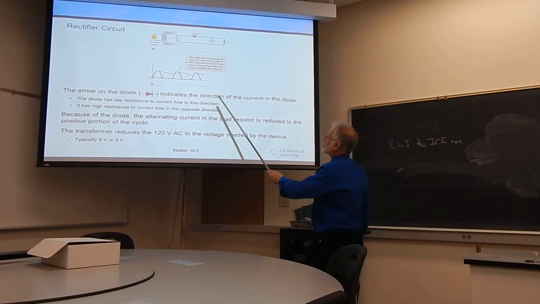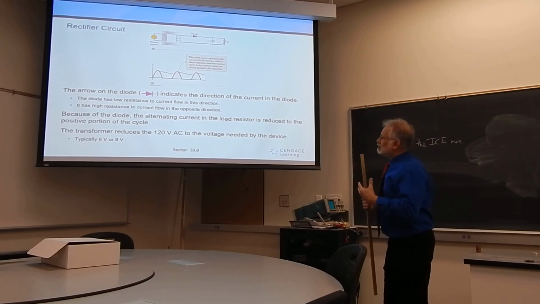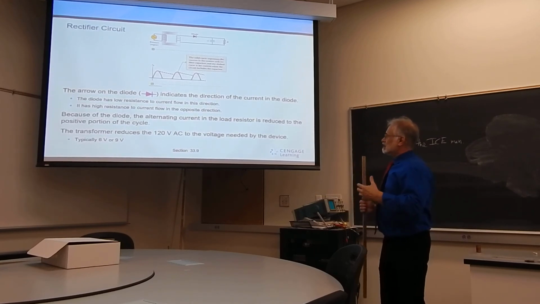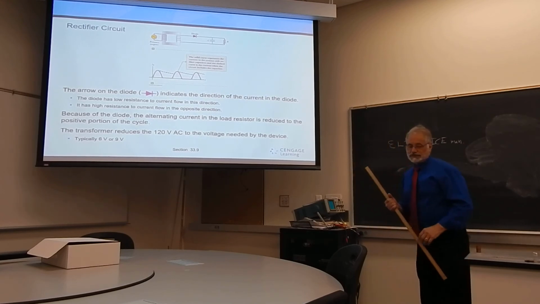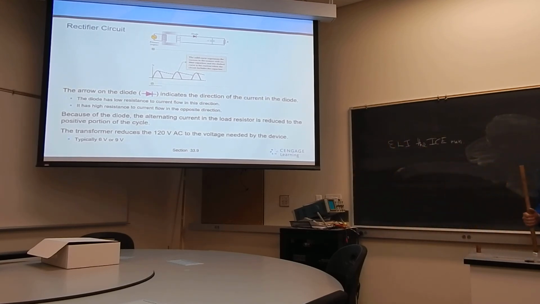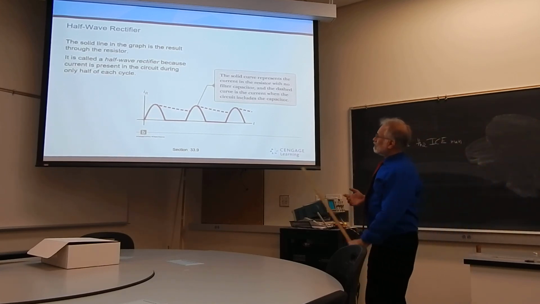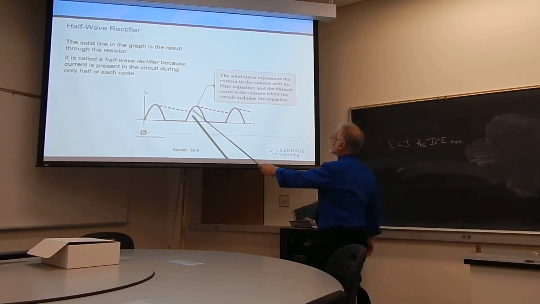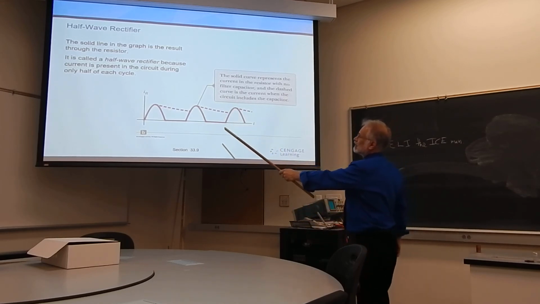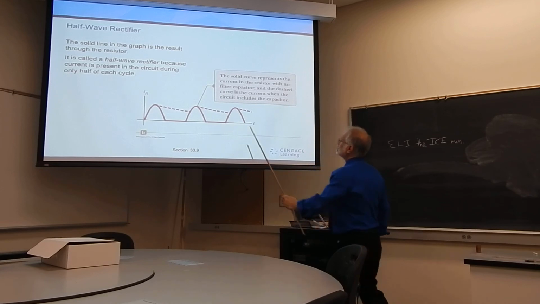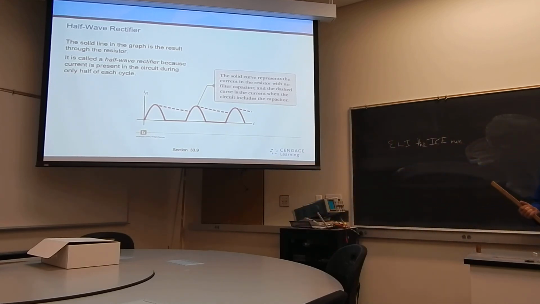Oftentimes we put capacitors onto power supplies to regulate the signal to make it much more steady if it happens to be too variable for our purposes. This circuit is what we call a half-wave rectifier because it's rectifying the current during only half of the cycle. That's one example of a rectifying device.